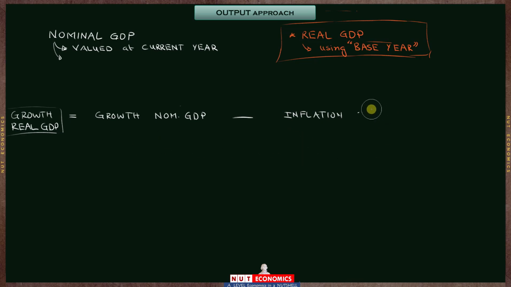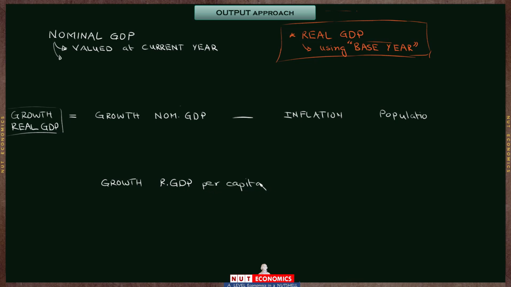And then another variation of this question is when the examiner, in addition to giving you the growth rate of nominal GDP and the inflation rate, will also give you the growth rate of the country's population. And then he will ask you to figure out the growth of real GDP per capita.